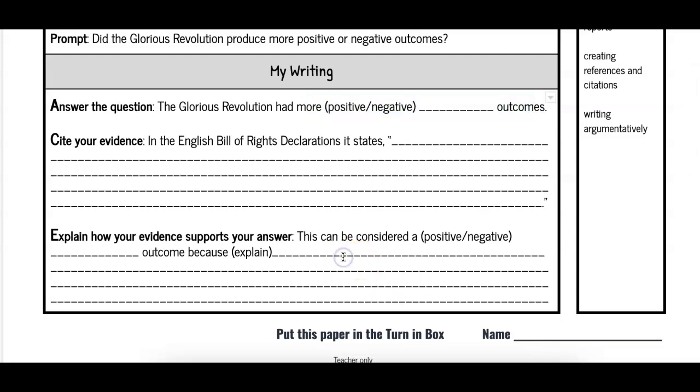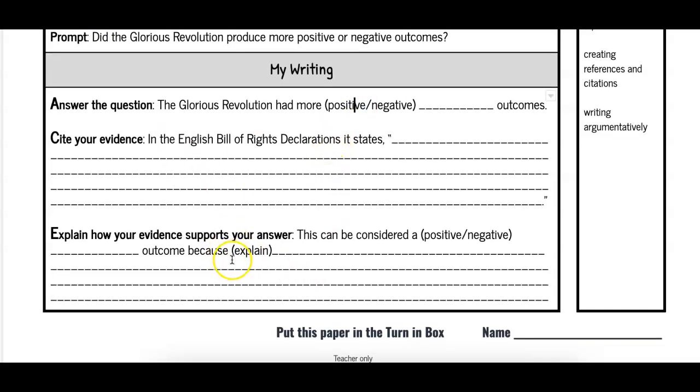You want to really give it some thought and think, why was it positive, or why was it negative, whatever you argued. If you need to do this in more than one sentence, that's fine. If you can do it in one sentence, that's fine too. When your teacher reads your response here, it should thoroughly answer the question in the prompt. It should also reference your citation and make sense with your answer to the question.